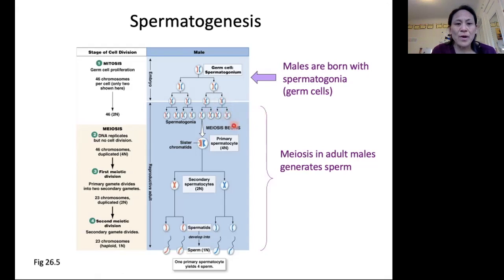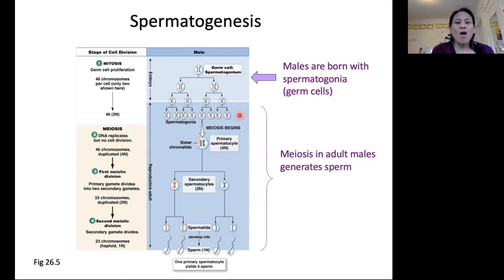We have our regular diploid cell, which undergoes DNA replication to give rise to the primary spermatocyte. It undergoes the first meiotic division to give rise to the secondary spermatocyte, and then another cell division to give rise to spermatids, which develop into sperm.